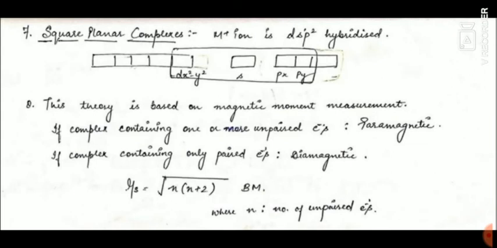Next topic: now we are discussing tetrahedral and square planar geometry. Tetrahedral shows two types of valencies.